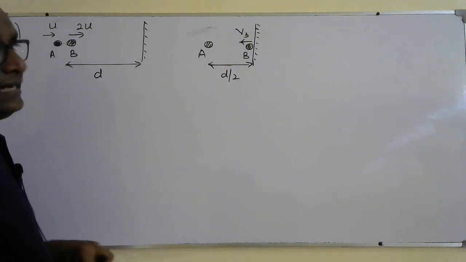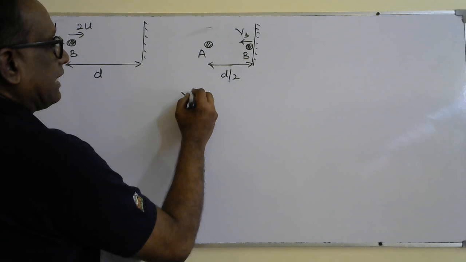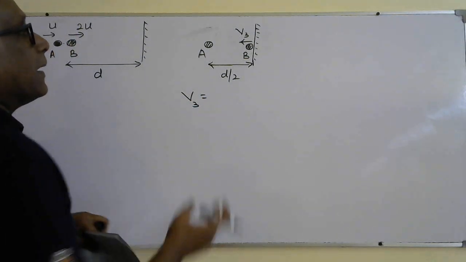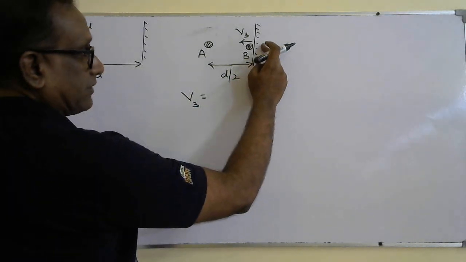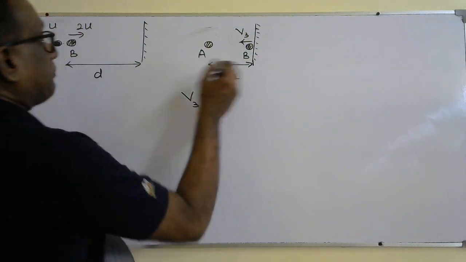What would be the speed V3? Again I can use the experimental law. The speed of separation: the wall is at rest, so V3 minus 0 is equal to E times the speed of approach.